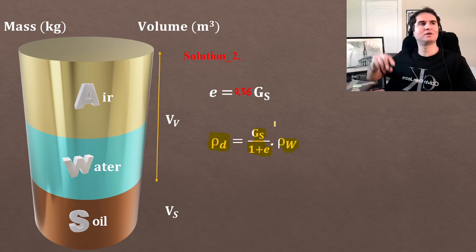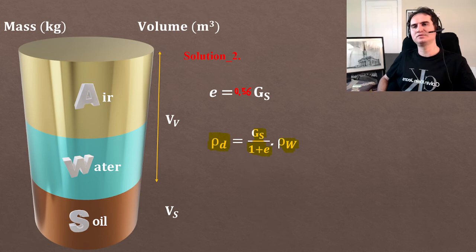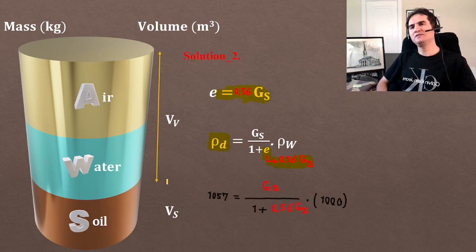We had a similar equation for unit weight: gamma d is equal to Gs over 1 plus e times gamma w. If we replace e in this equation by 0.56 Gs, we have an equation where the only unknown is the specific gravity. If you solve this equation for Gs, the second solution also gives you 2.6.